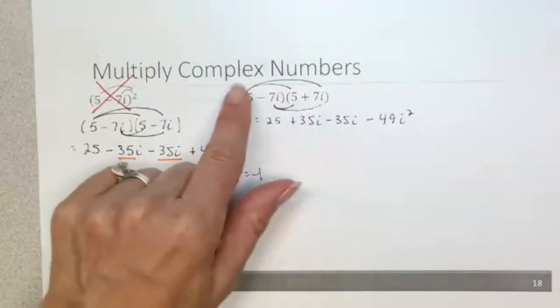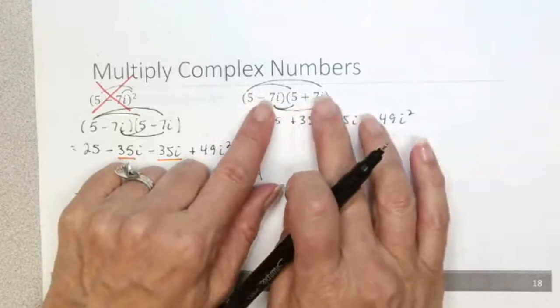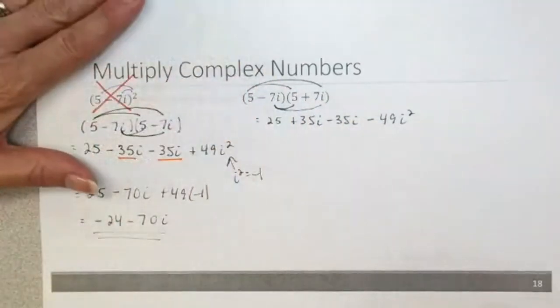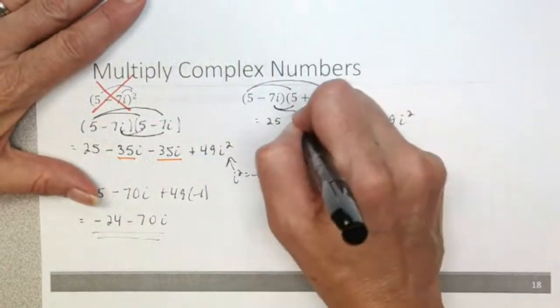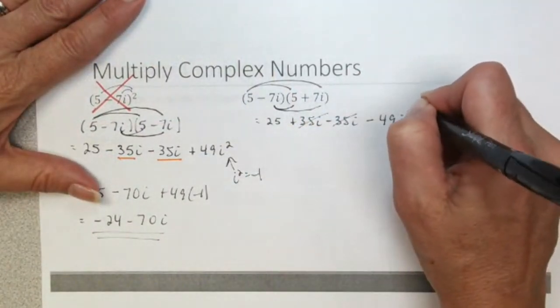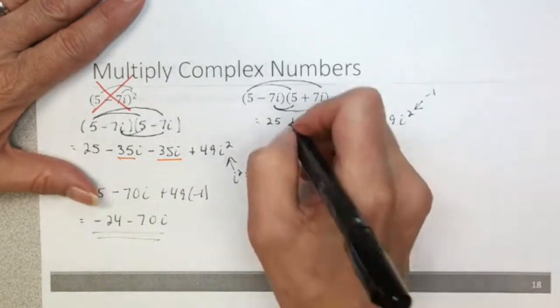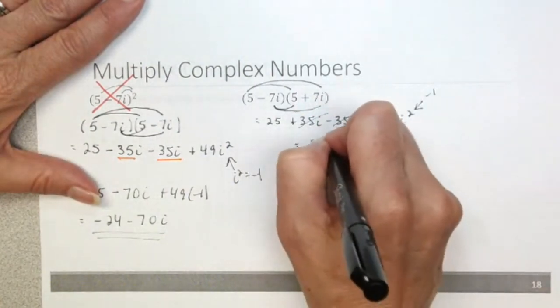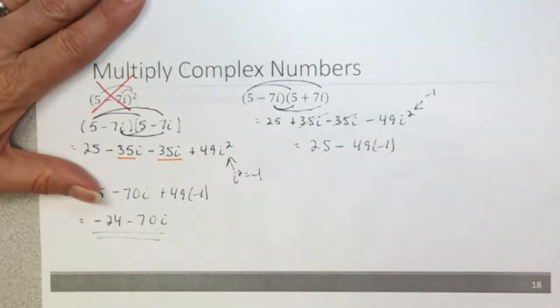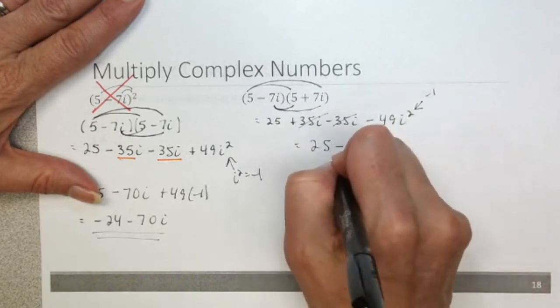Because they're conjugates, we already know that the middle term is going to add out when we multiply them. These guys go away. Of course, i squared is -1. Make that substitution. So we end up with 25 minus 49 times -1, or 25 plus 49, which is 74.